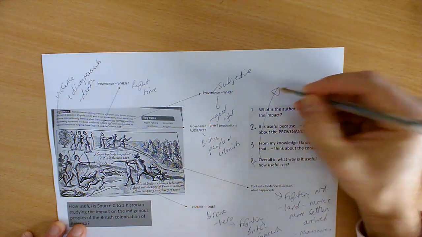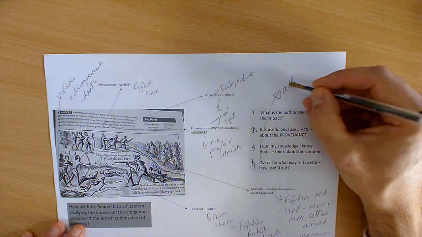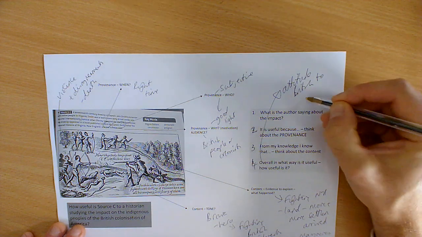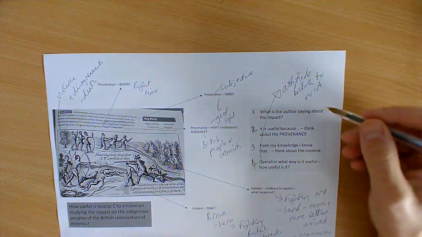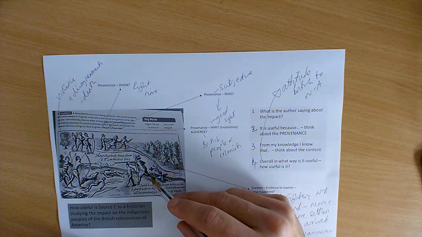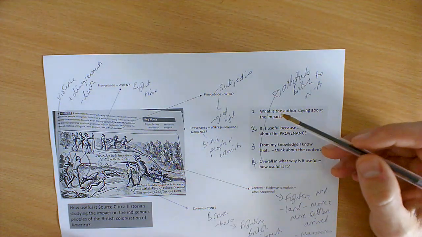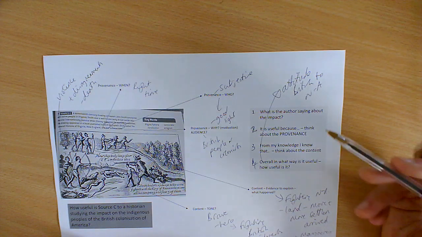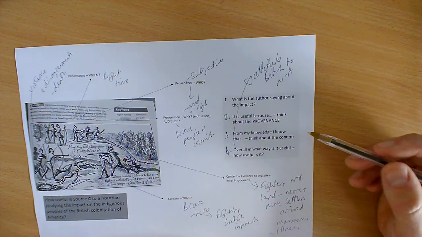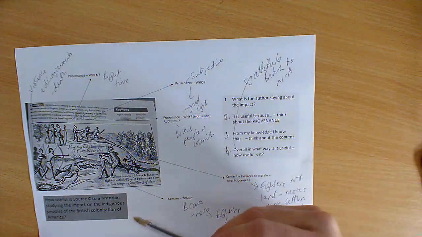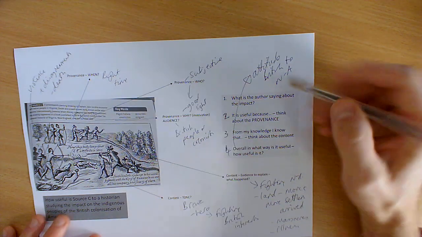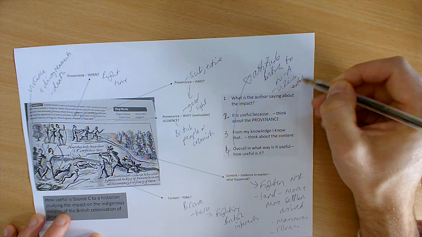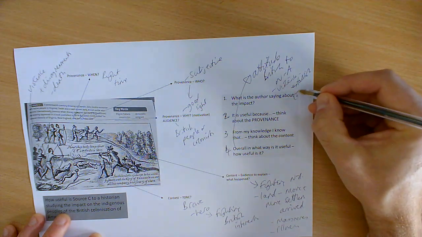Well, I think it's useful because it shows us the attitude of the British to the Native Americans. For me, it tells me that the British thought it was perfectly acceptable. He's not shying away from the fact that he's killing these Native Americans. And I think this is useful because it tells us that the British were prepared to use violence where necessary to establish these colonies.